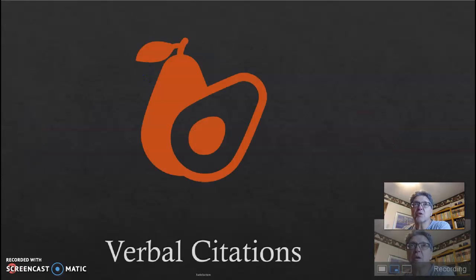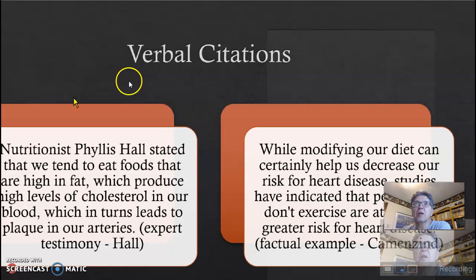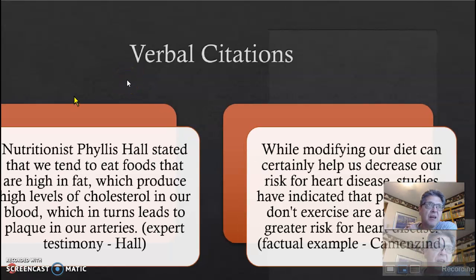The next thing I want to talk about are verbal citations. These are citations that I pulled, well, I guess this is also off of the graph itself. You'll see on the left side, nutritionist Phyllis Hall, and then the speaker gives the quote. On the right side, the speaker does not do that, and what I would want you to do is to say something.